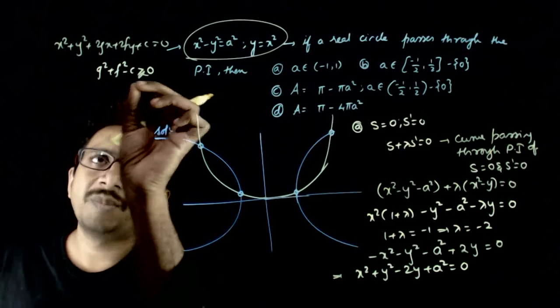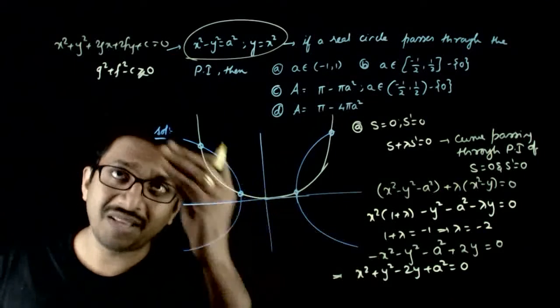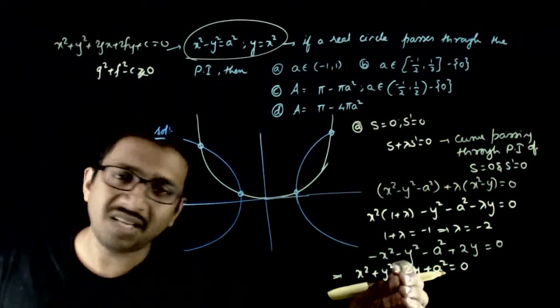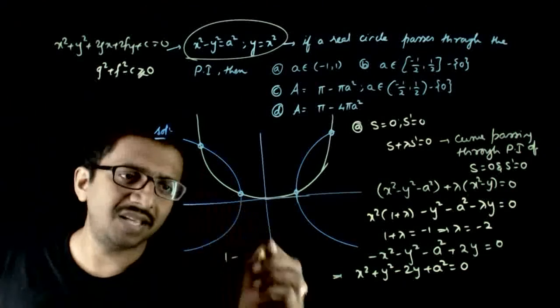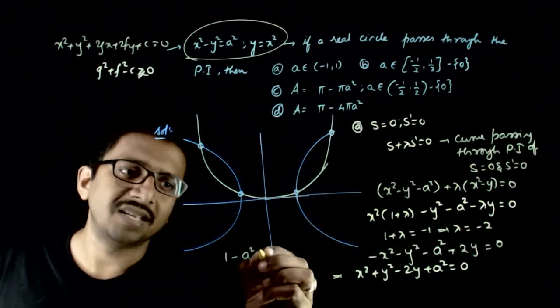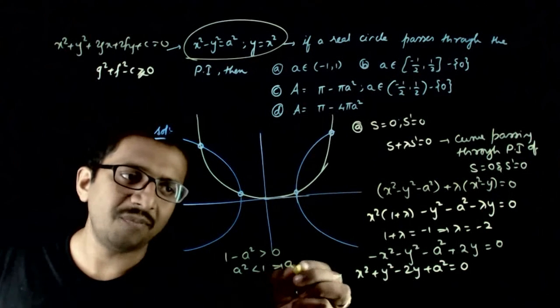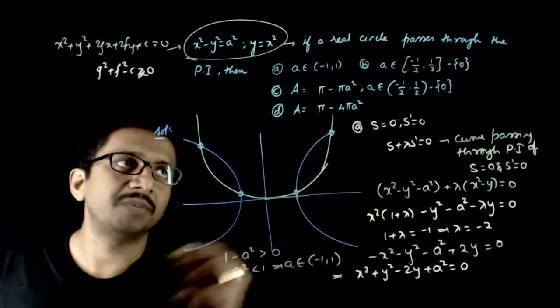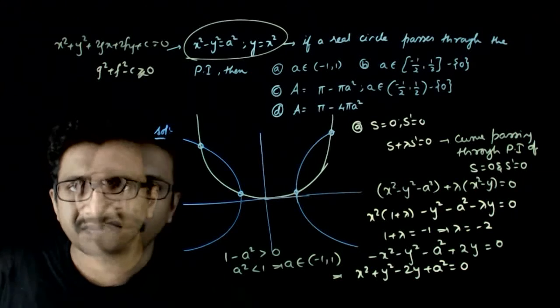So g² + f² − c is greater than 0. Applying that formula here, g is 0, f² is 1, so 1 − a² > 0. That is, a² < 1. So a belongs to (−1, 1).